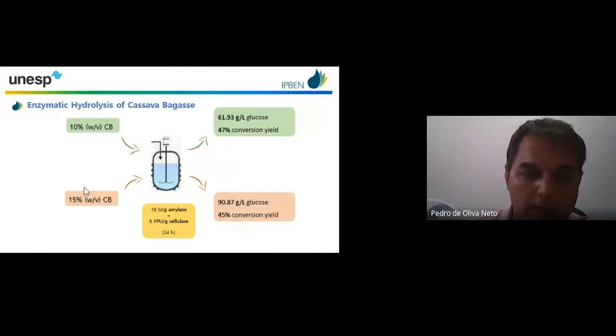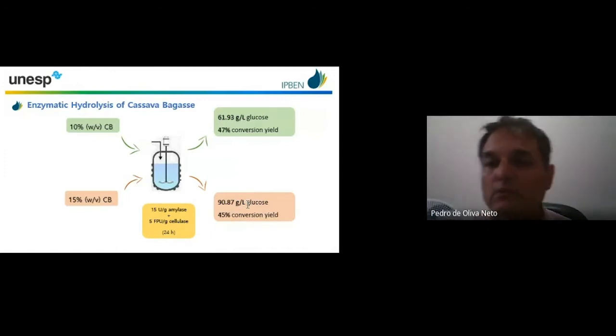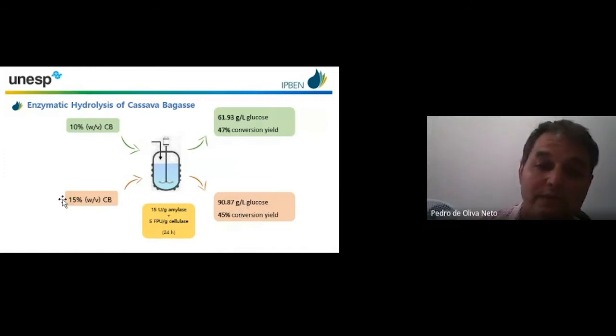Here we have 15% concentration of this substrate in our hydrolysis in fermenter, and with that model of 15 amylase and 5 cellulase, we got 45% conversion to glucose with this high concentration of cassava bagasse. So very, very interesting, thinking on an industrial scale.